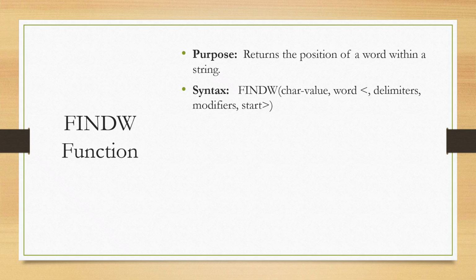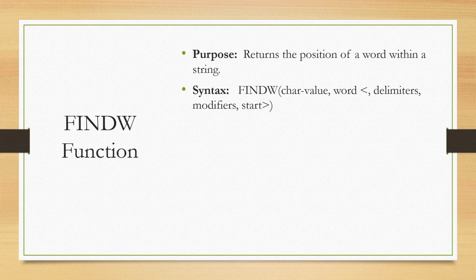Since modifiers and delimiters are both character values, the function would assume you are supplying a delimiter and not a modifier if you do not specify a value for the delimiter. The starting position variable, that is the last argument in the FINDW function, gives a starting position for the search. If negative, the search goes from right to left, starting at the position of the absolute value of start.